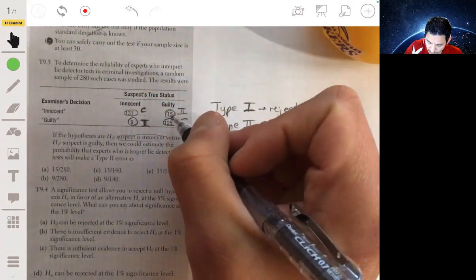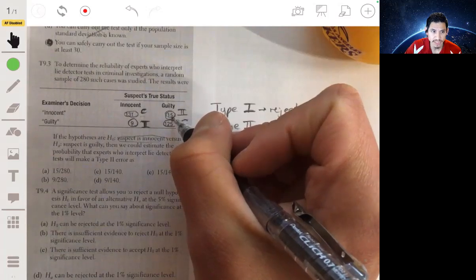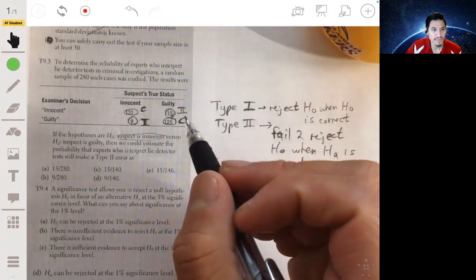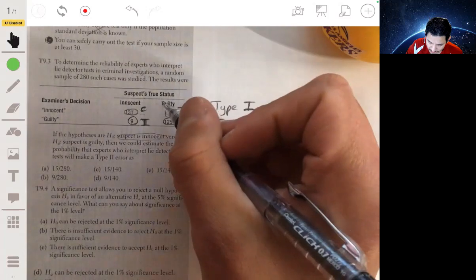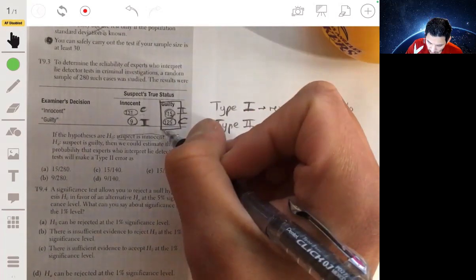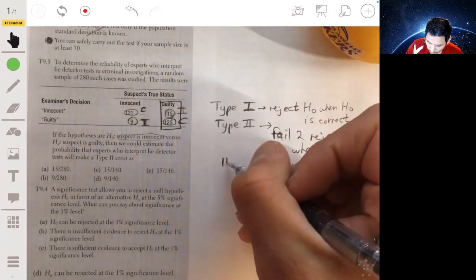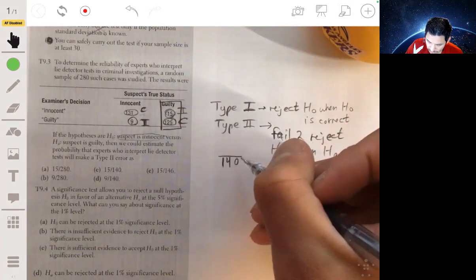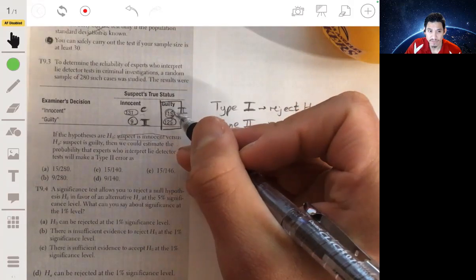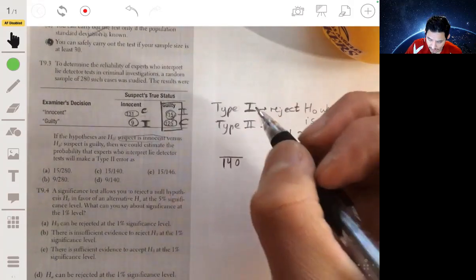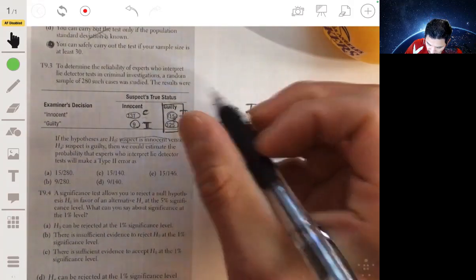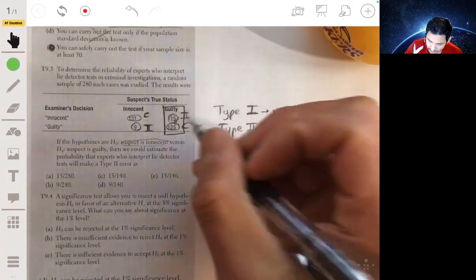So the probability of a type 2 error is, now the only way you can make a type 2 error would be for this to be true. So when it's true, we have 140 times in this table that the suspect is guilty. And out of those 140 times, 15 of the times they said they're innocent.